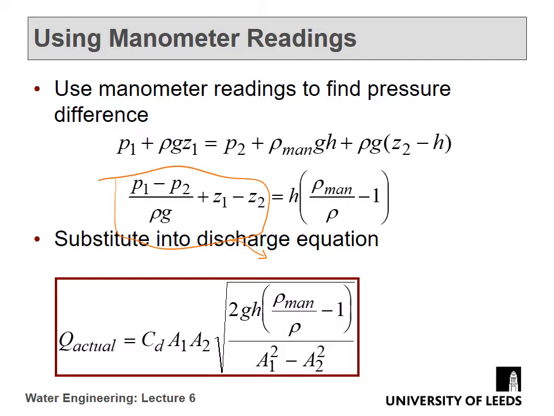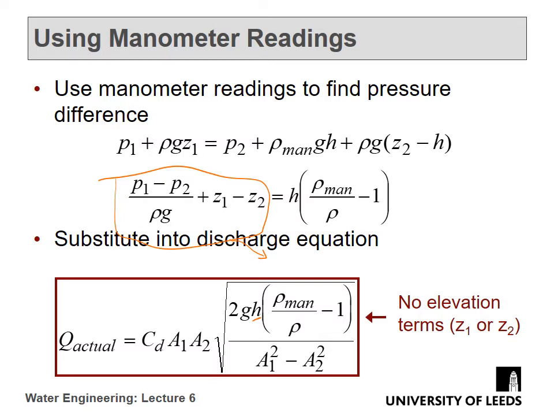And all we need to know now is the head on the manometer and the manometric fluid density. What we don't need to know is the Z1, Z2, P1, P2. We just take one H reading and we can work out the flow. So a Venturi meter with a manometer is very, very handy. Very, very simple device for obtaining the flow rate within a pipe.